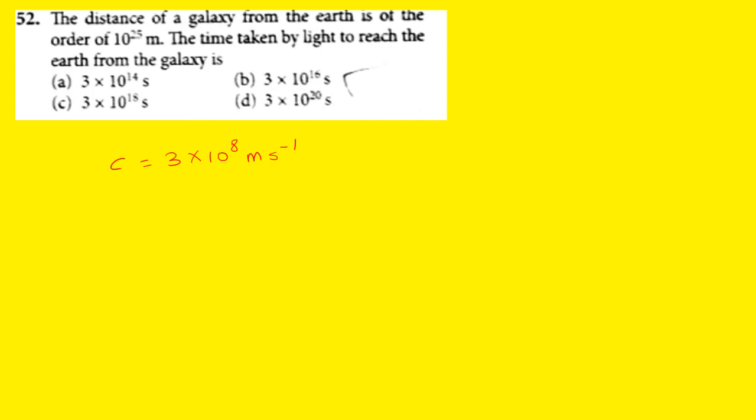So the time taken by the light to reach the earth from the galaxy will be T equal to 10 power 25 divided by 3 into 10 power 8.